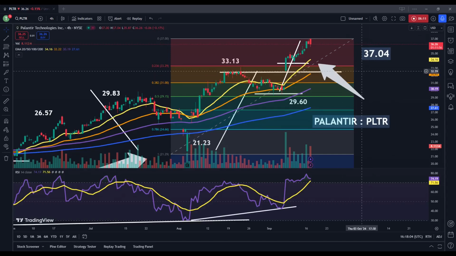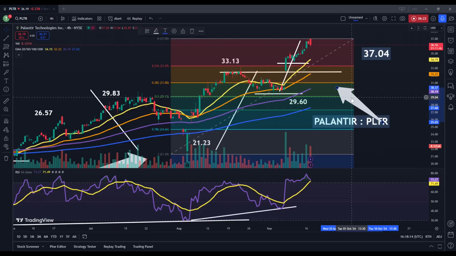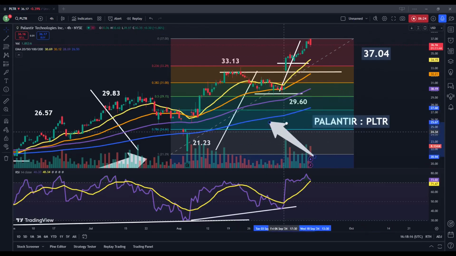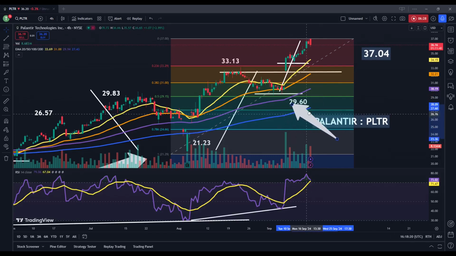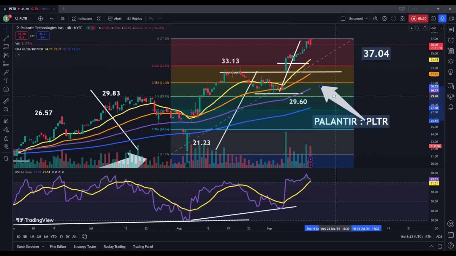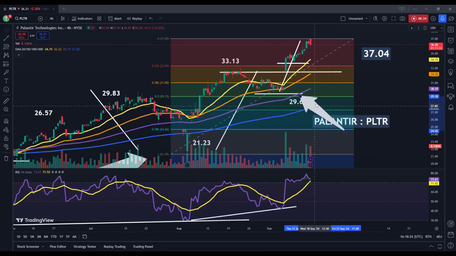So overall, the current price level that I would be watching to the downside first comes in at $33.30. From there, I would also be looking at roughly $31 per share, because this is the 38.2% Fibonacci retracement of this major ascending move higher. And then we're also going to have this 100-period exponential moving average heading into this zone quite quickly. That would be this purple rising line here.